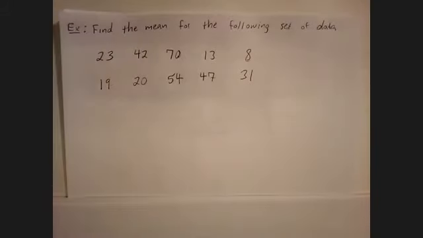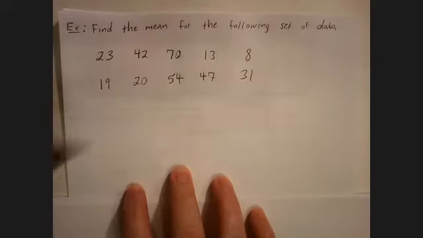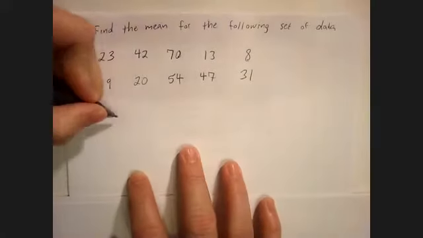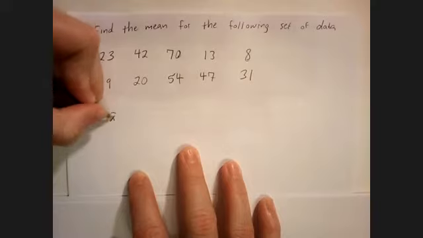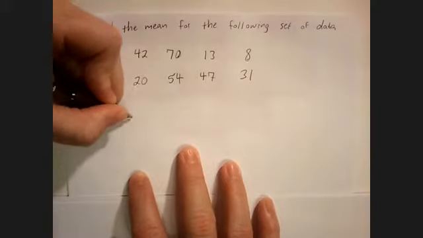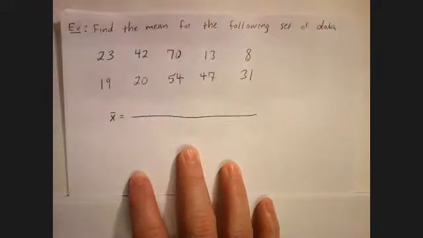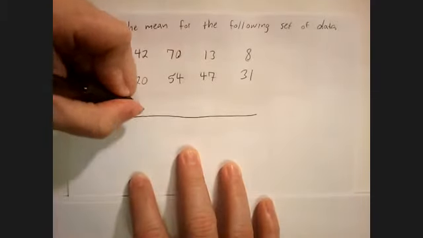So here is a data set. There's 10 items. The mean is to add up all of these things and then divide by the number of things. It's going to take me longer to write it out than to actually do it, but I'm going to just show you what we're doing. I'm going to add up all of these things.